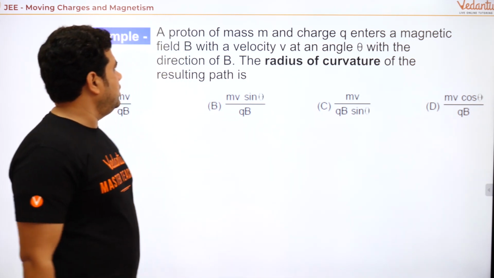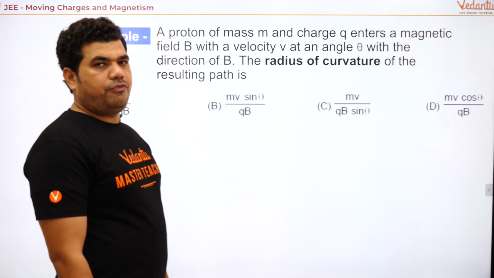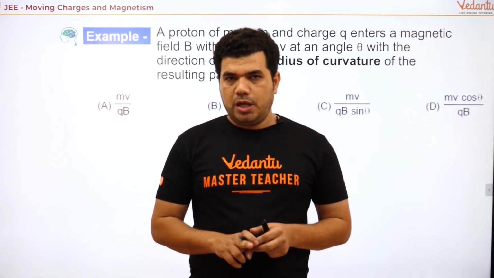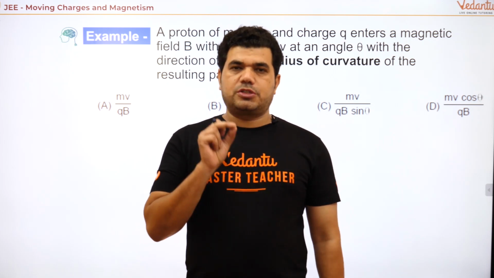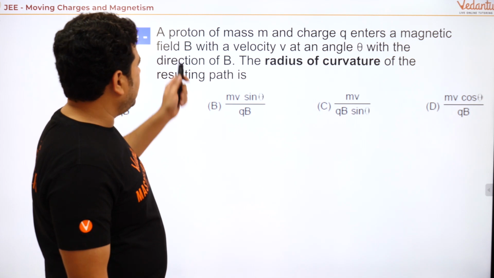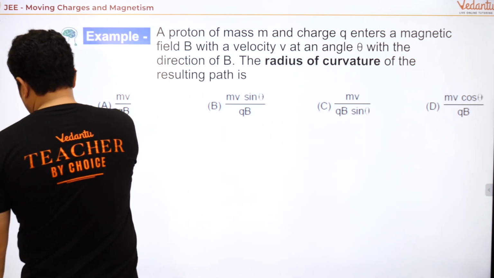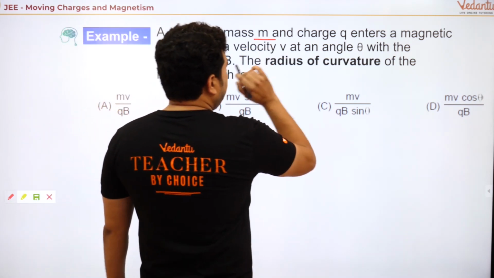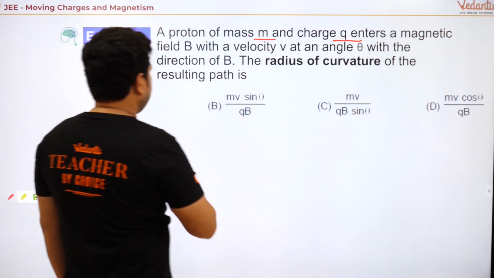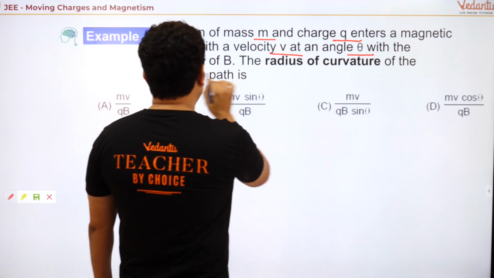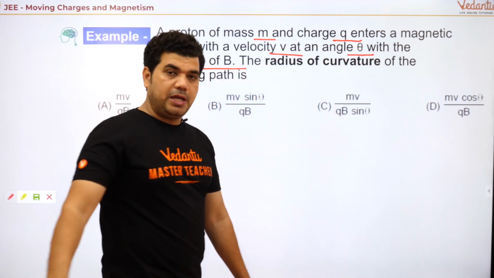The question is: a proton of mass m and charge q enters a magnetic field B with a velocity v at an angle theta with the direction of magnetic field B.